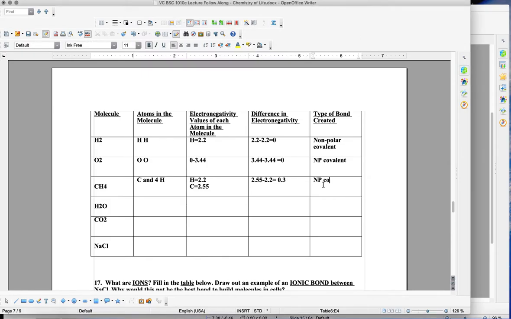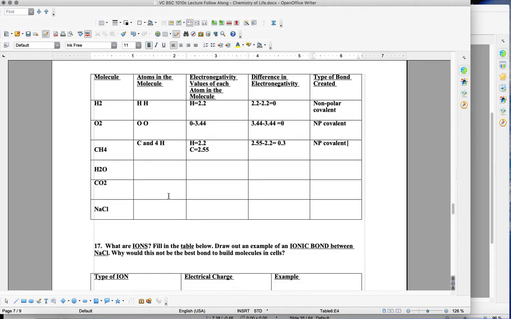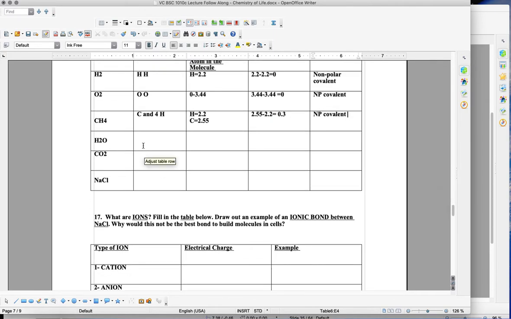So nonpolar covalent. And we only had to do that one time. Okay, H2O, I'll let you guys go ahead and do that on your own. Again, you'd have to do the difference between the oxygen and the hydrogen. CO2, I'll let you guys go ahead and do that one, and then let me show you, or actually let me show you this one, because this is going to be polar covalent, and ionic.